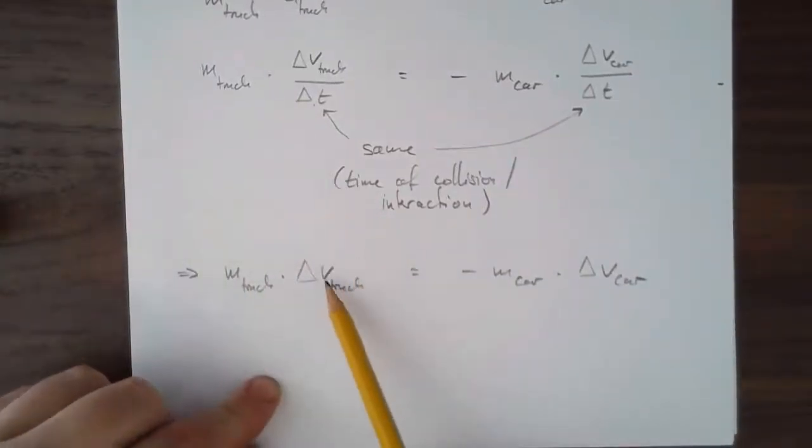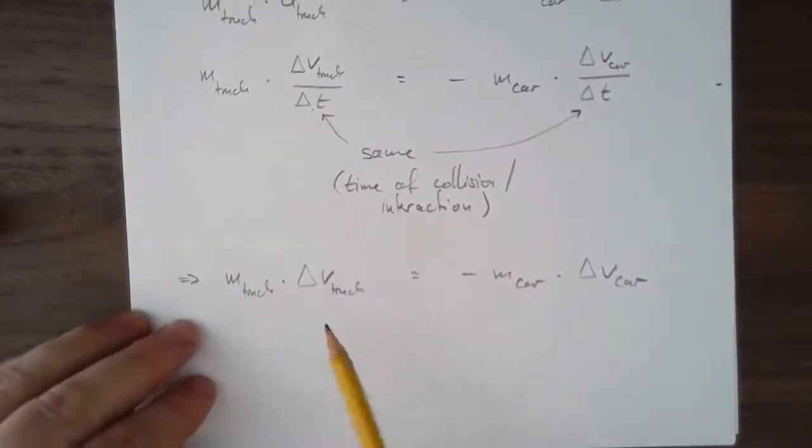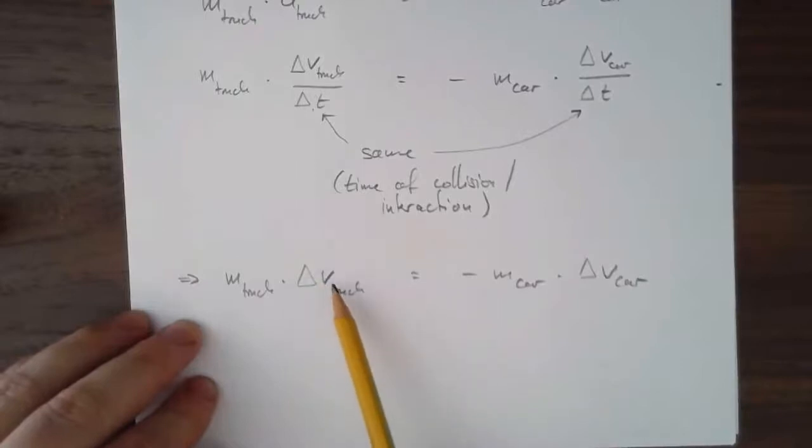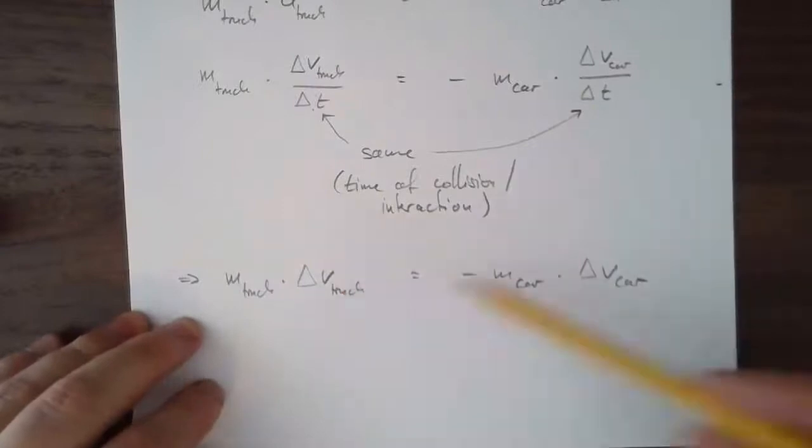What I want to do first is write delta v simply as v final minus v initial, right? The change in velocity is the difference between the initial and the final velocity of each one of those two. So let's do that.